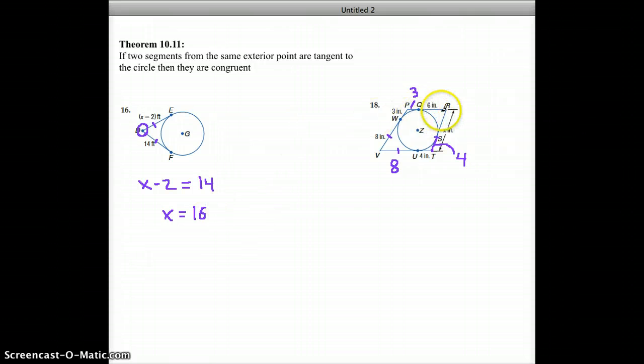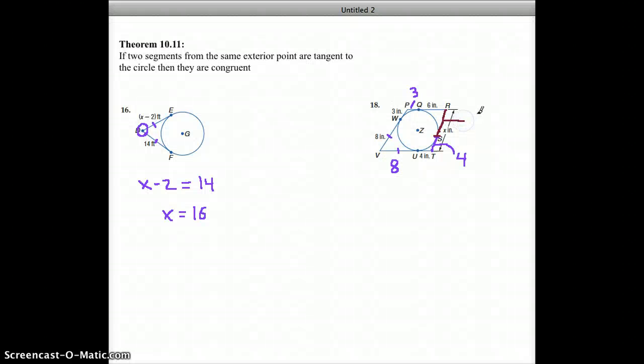And I see up here QR and RS, those are tangent and they have the same point in common, R, the same exterior point. So this length RS should be equal or congruent to this other tangent RQ that comes from the same point.